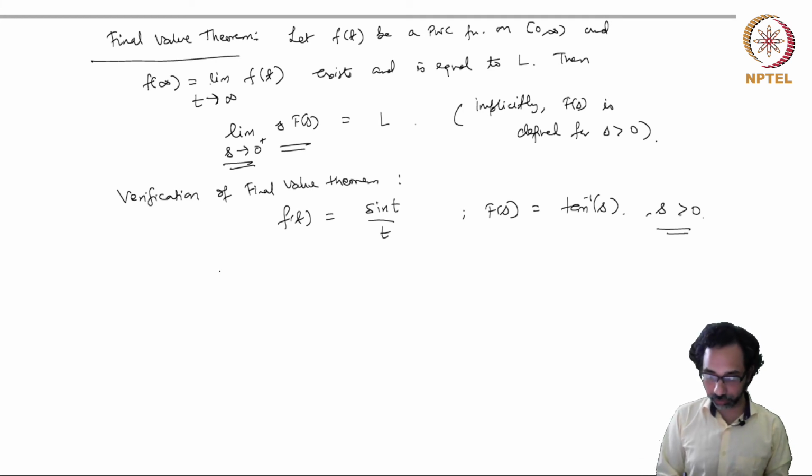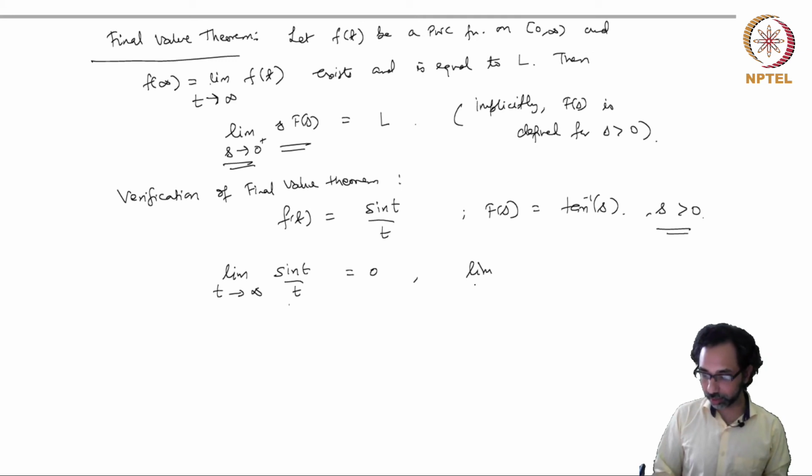Now let's try to compute the limit as t tends to infinity of sin t over t, and one can easily check that this is 0 because sin t is bounded and you only have the 1 over t function which is going to 0 at t equal to infinity.